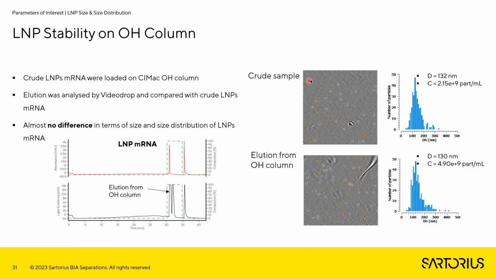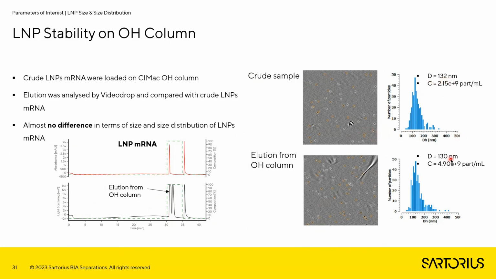So we prepare the crude sample of LNPs encapsulating mRNA, and we analyze this sample using video drop analysis. Then this sample was loaded on our OH column and eluted from it, and we collect the fraction of the LNPs eluting from the switcher system, and then analyze it again using the same technique, video drop.